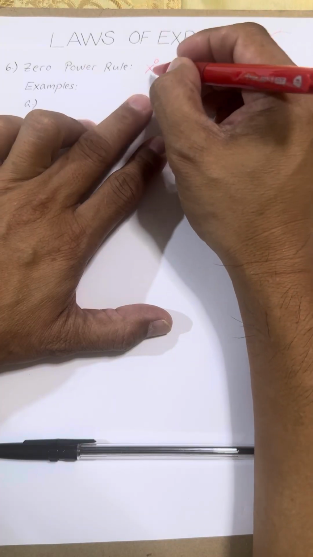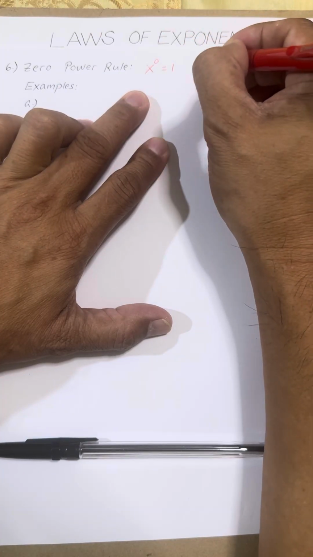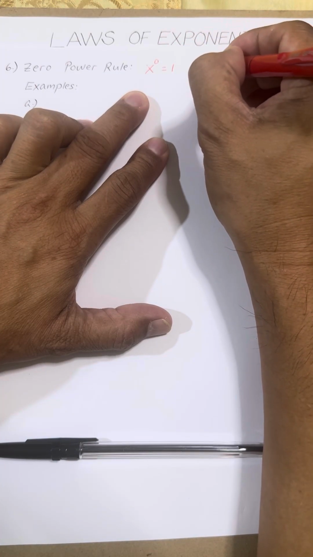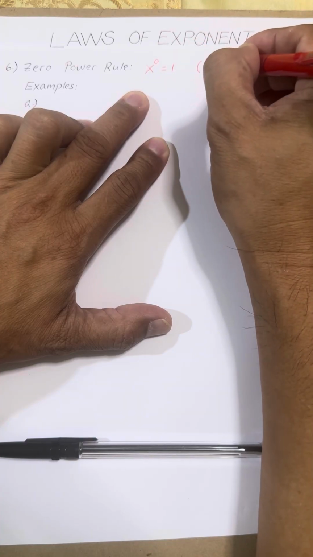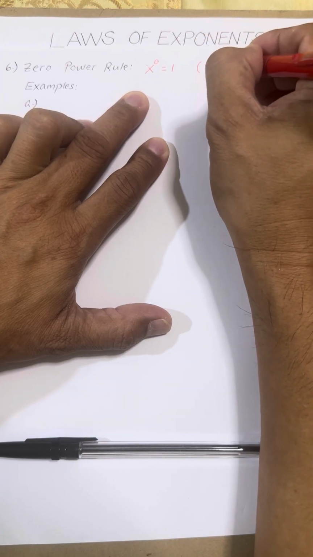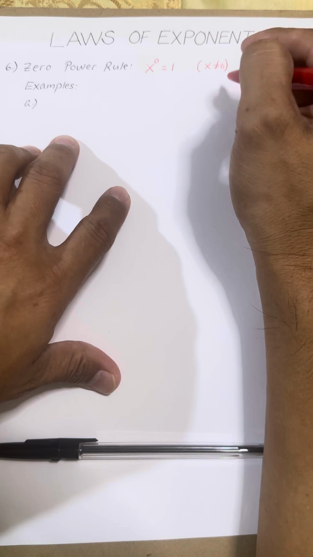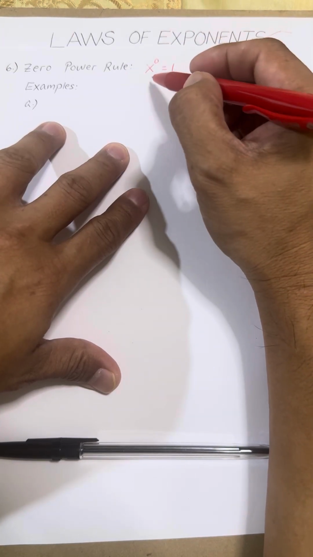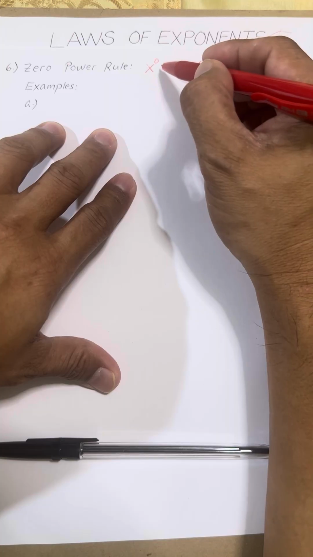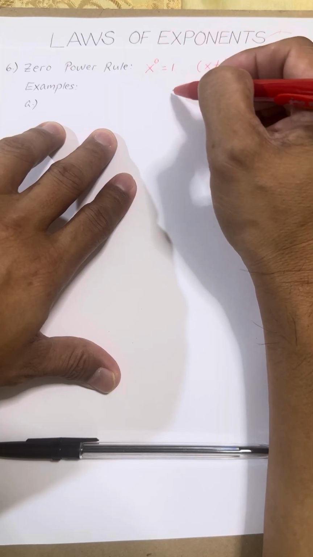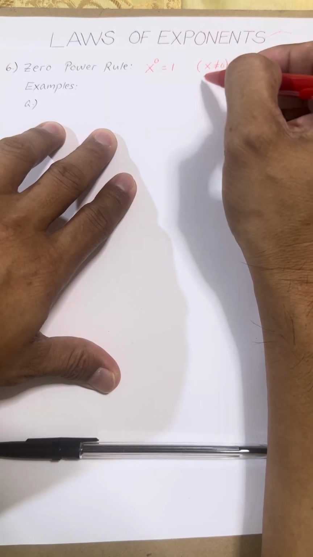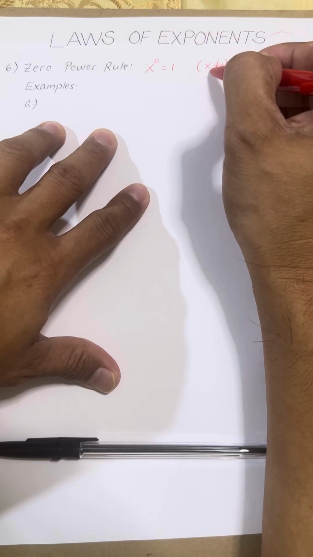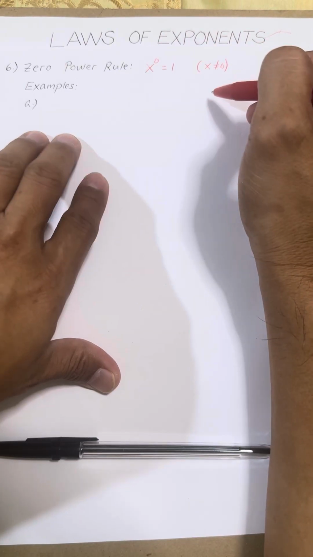Take note that the condition here is that the base, which is x, must not be equal to 0. Or we can say that the zero power rule says that a base raised to a power of 0 is equal to 1, provided that x, or the base, is not equal to 0.